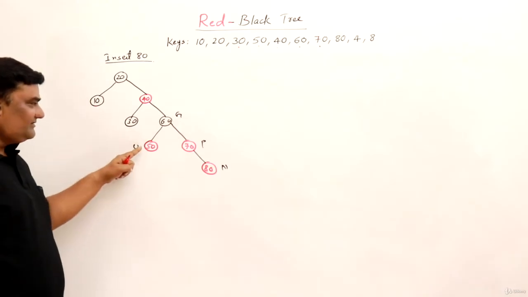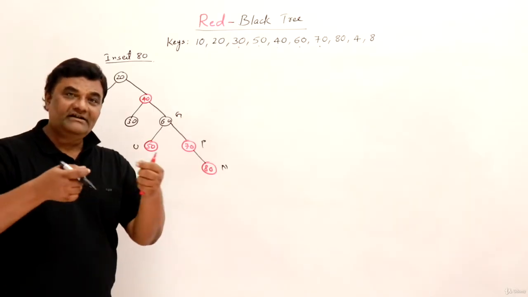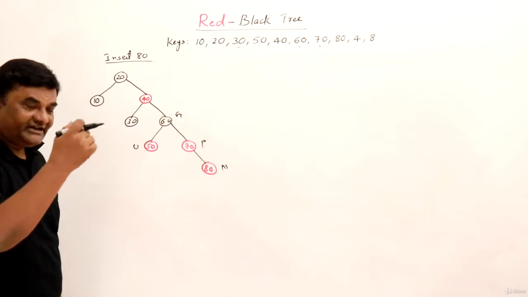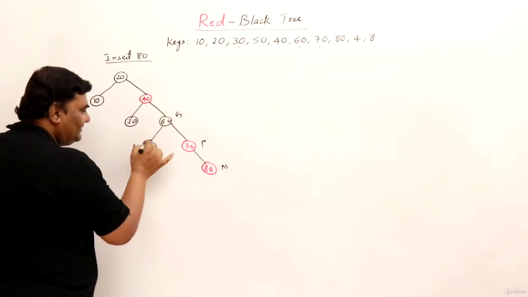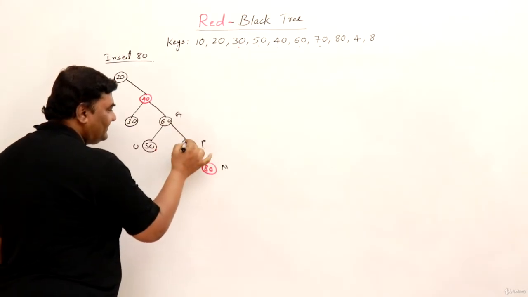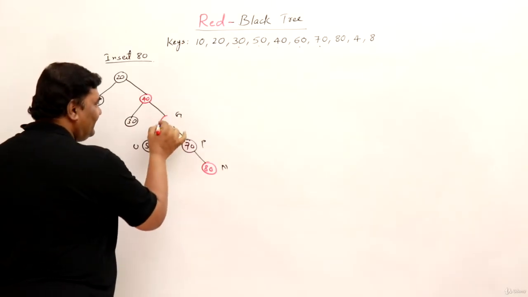Parent is also red. Then what to do? Recolor them. Make parent and uncle black and grandparent red. So I will change this 50 to black color and 70 also to black color, and this is 60, that is grandparent, as red.